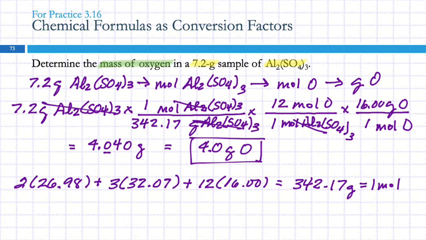I'm just curious. Hey Siri, what is the mass of oxygen in 7.2 grams of aluminum sulfate? It's not just going to come up with the answer.